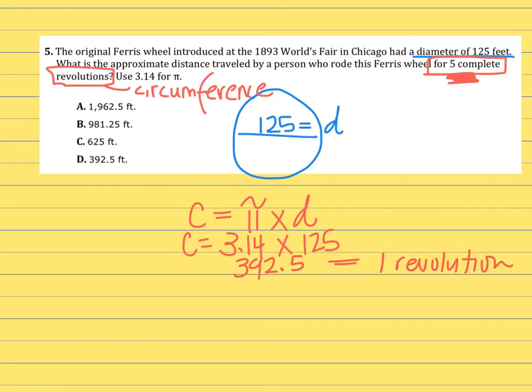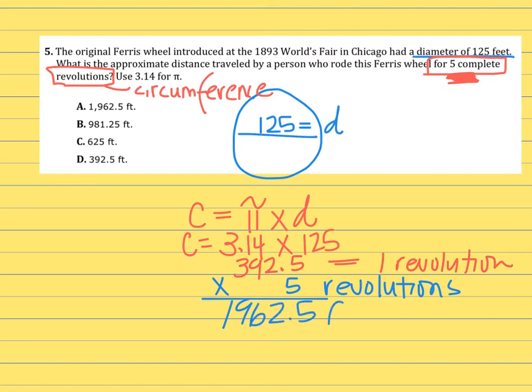So my last step would be multiplied times 5, because they went around 5 times. You don't want to ride something only once. That wouldn't be very much fun. It would be 1,962.5. And they were going in feet. And that would lead us to choosing A as the best choice.